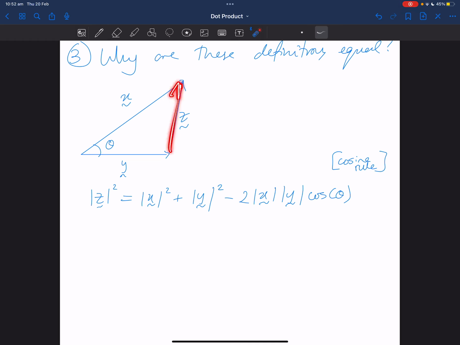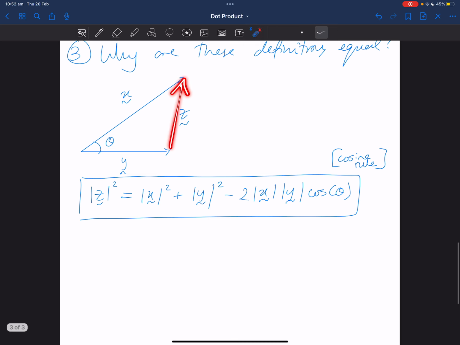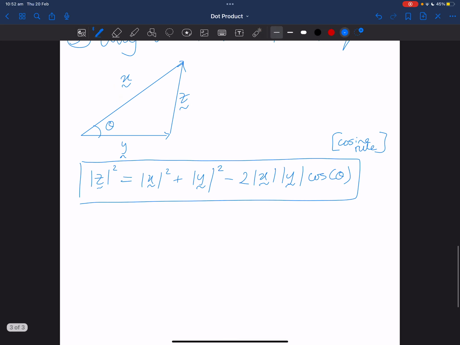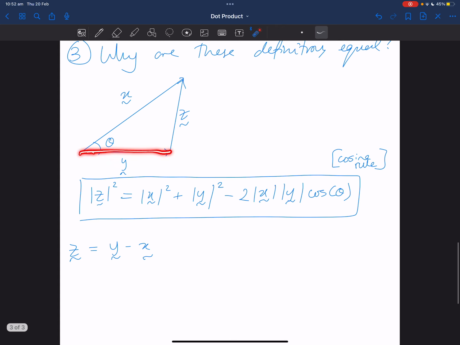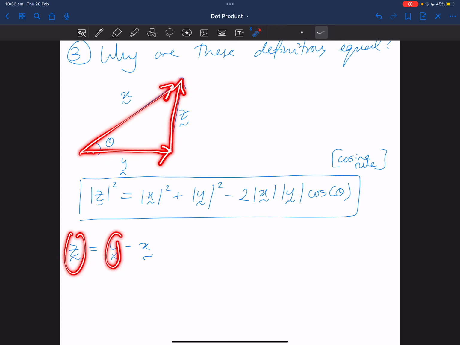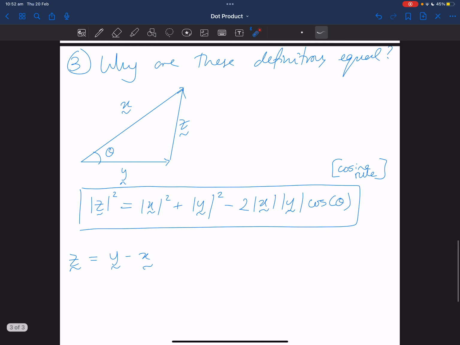This is just the cosine rule, applied to these side lengths, keeping in mind that these are actually vectors. Cool. So this is one way we can express the side length of this squared. But as I said, these are vectors, and so we can actually express this side length a different way, because we know that z simply equals y minus x, because vector y plus vector z equals vector x. So if y plus z equals x, you can just bring the x to the other side, and we get z equals y minus x.